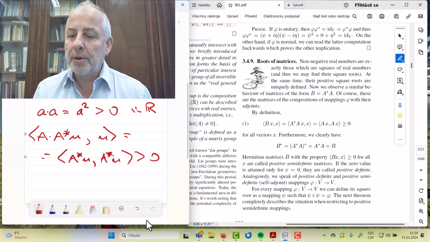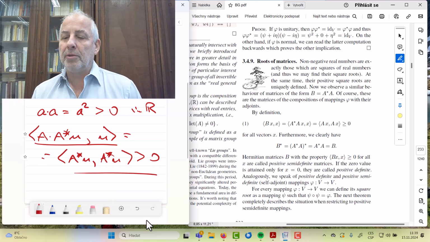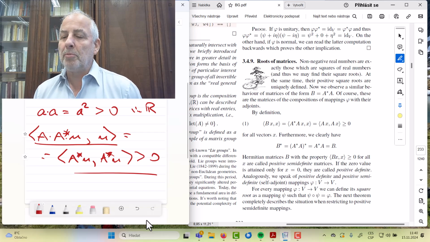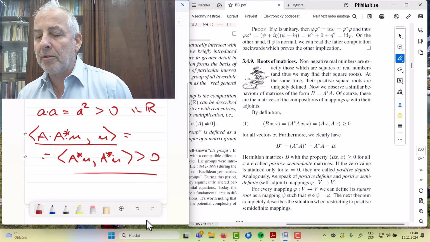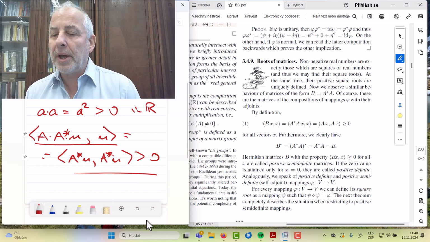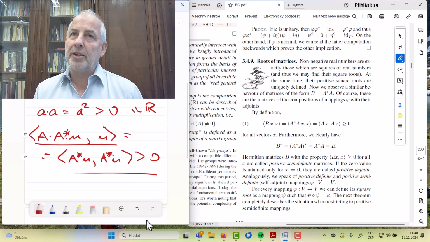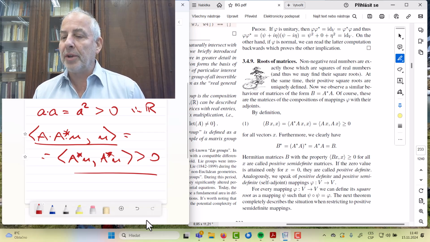So you see, this is a very special feature of the behavior of matrices, and we call these matrices positive semi-definite if they have this kind of behavior. They are self-adjoint and have this behavior. This is equivalent to the fact that the self-adjoint matrices, as you know, always have real eigenvalues, and all of them have to be non-negative, if and only if this property holds.